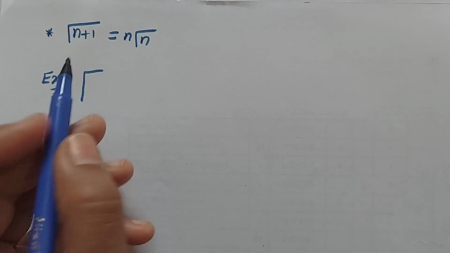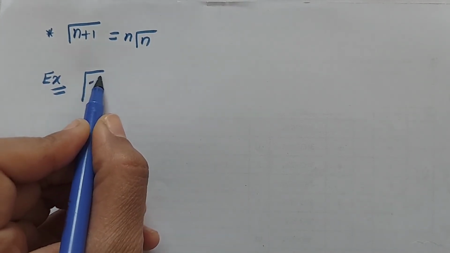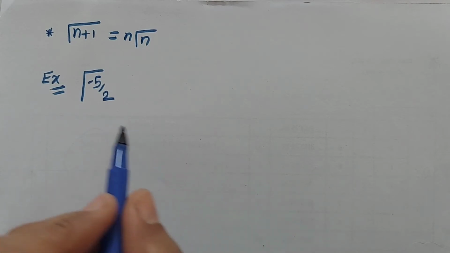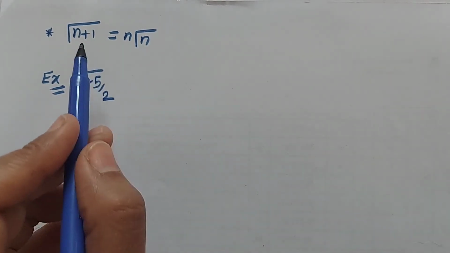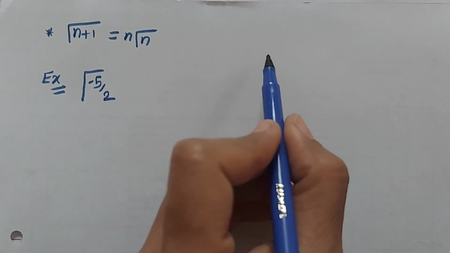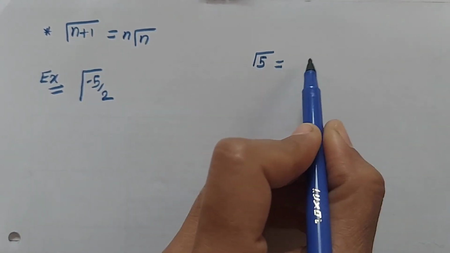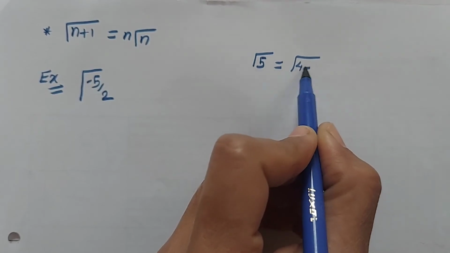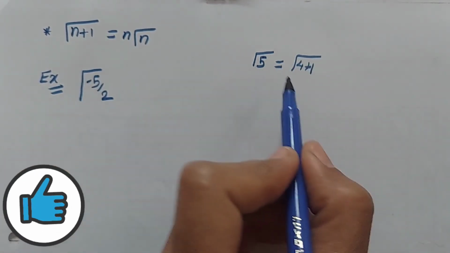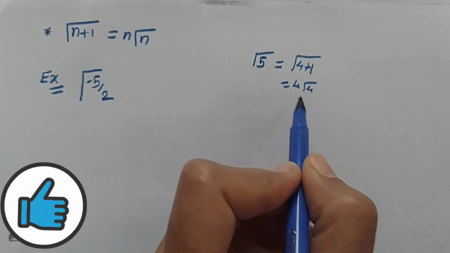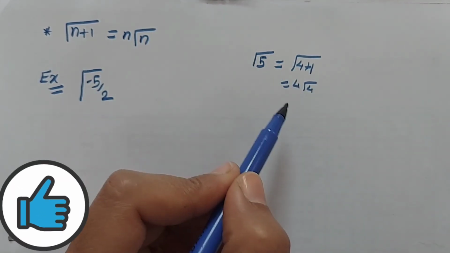Using the same property, if we want to find the value of gamma of 5 by 2, then how to solve? In the previous example, to find gamma of 5, we wrote 5 as 4 plus 1, and by the property n is 4, so we write 4 gamma of 4. In this way we are solving for integer terms.